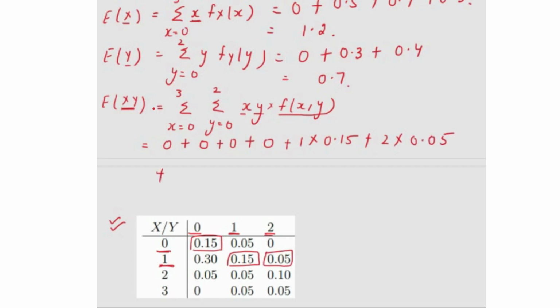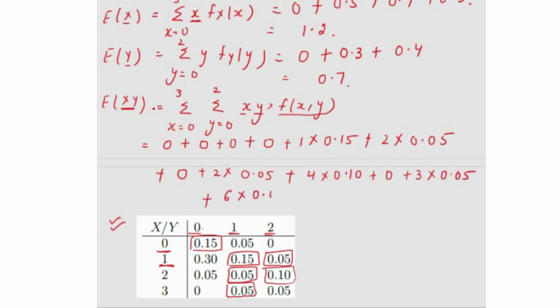Then plus 2 multiplied by 0, it is 0. Then 2 multiplied by 1, this is 2 and the corresponding joint probability mass function is 0.05. Plus 2 multiplied by 2, this is 4 and the corresponding joint probability mass function is 0.10. Then 3 multiplied by 0, this is 0. 3 multiplied by 1, that is 3 and the corresponding joint probability mass function is 0.05, plus 3 multiplied by 2, this is 6 and the corresponding joint probability mass function is 0.05.